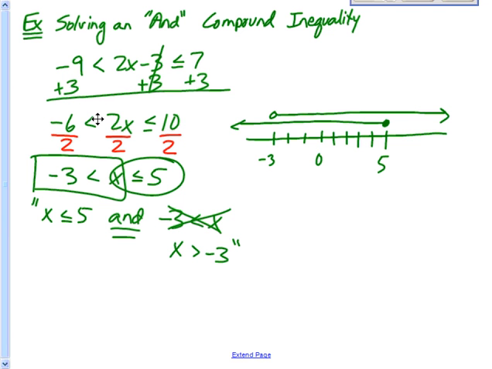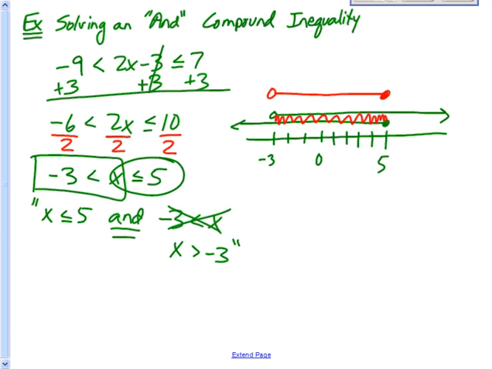Where are they both at? The solution must satisfy both of those inequalities. Do you see how they're both right in here? This is where they intersect, if you will. So my actual answer is in red, from negative 3 up to 5.